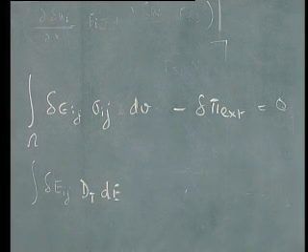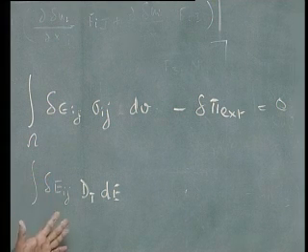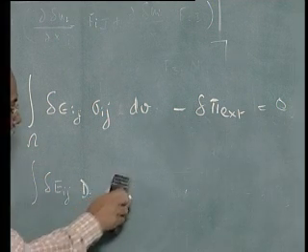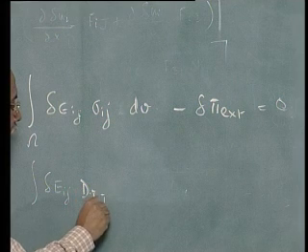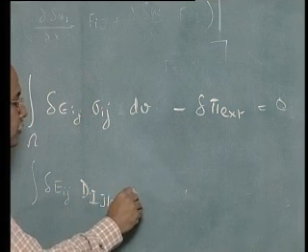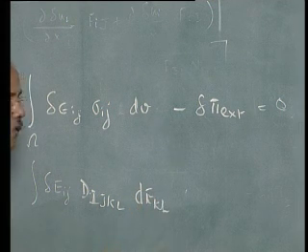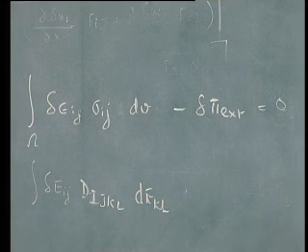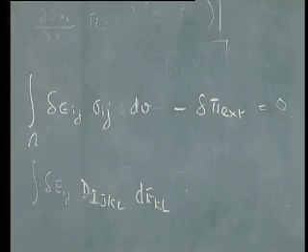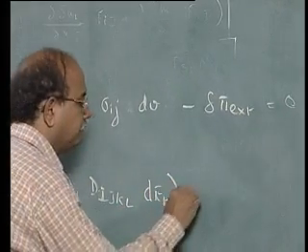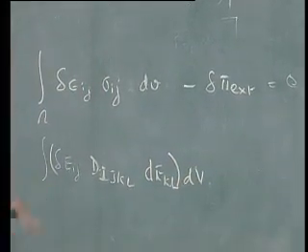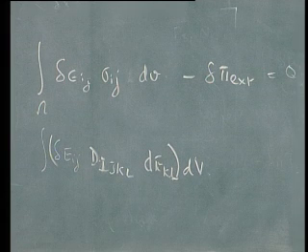In other words, this dt is the relationship between delta S and delta E, and write this as Dijkl into dEkl, dV. Now this is my first term for my k expression.